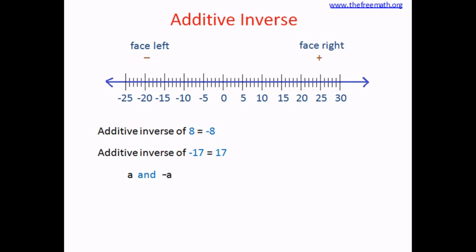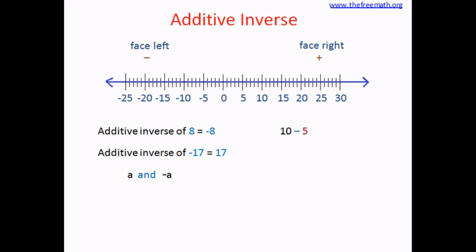A and negative A are additive inverse of each other. And here A could be any number, any integer. A could be 5, A could be 20, A could be 125, anything. So A and negative A are additive inverse of each other.